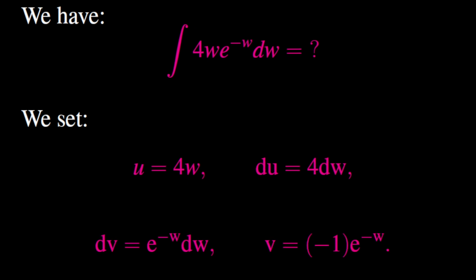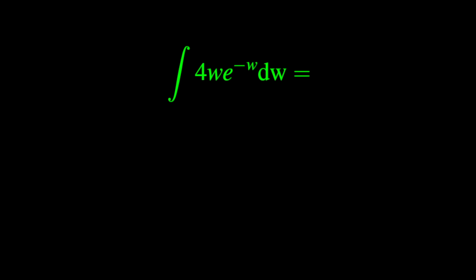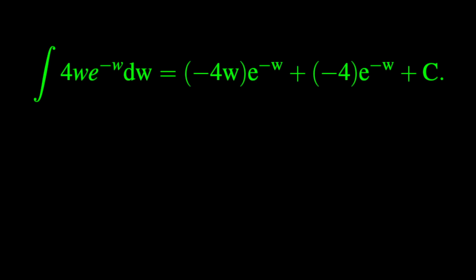And dv equals exponential of minus w dw, and v equals minus 1 times exponential of minus w. Consequently, the integral of 4w times exponential of minus w dw is equal to minus 4w times exponential of minus w, plus minus 4 times exponential of minus w, plus a constant c.